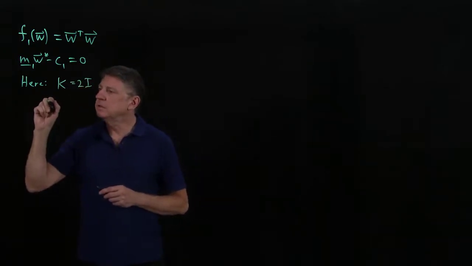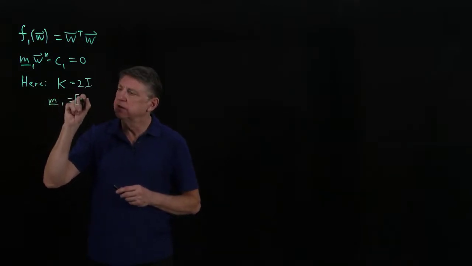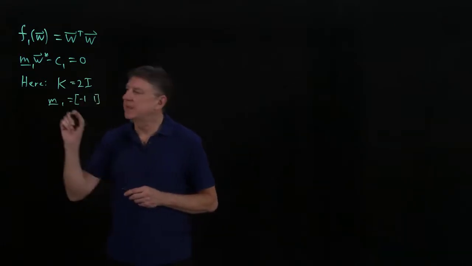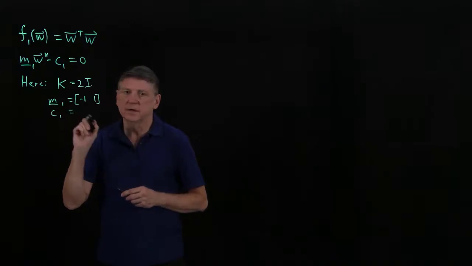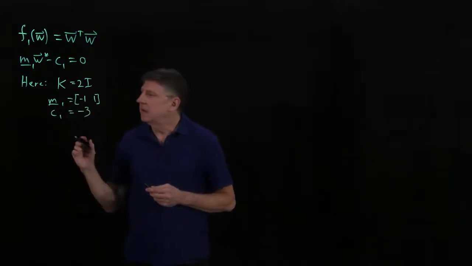And we'll say that the constraint 1 form here is the difference between the entries of the argument, and we'll say that the constraint constant here is -3. So this is what we had previously.